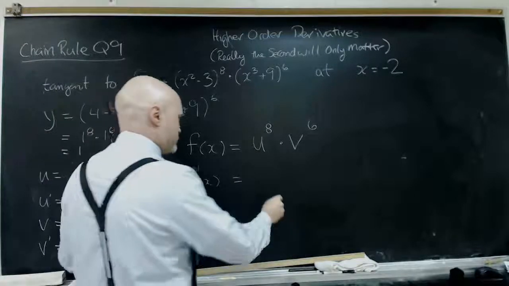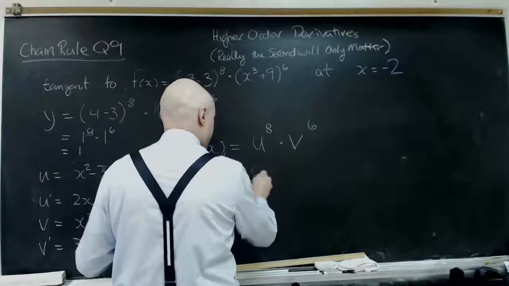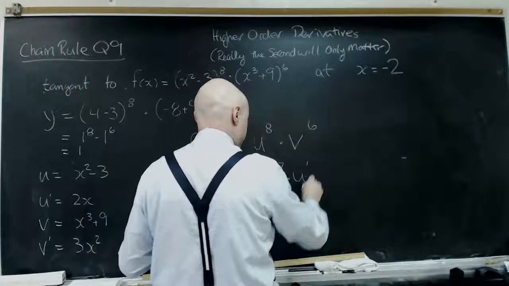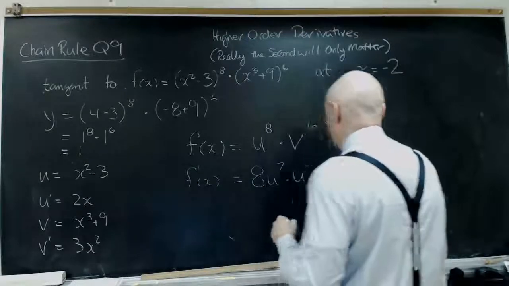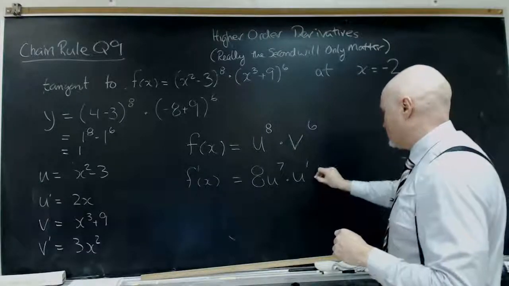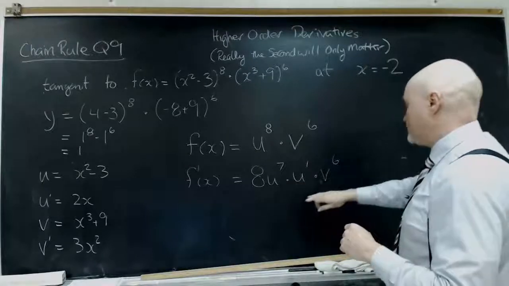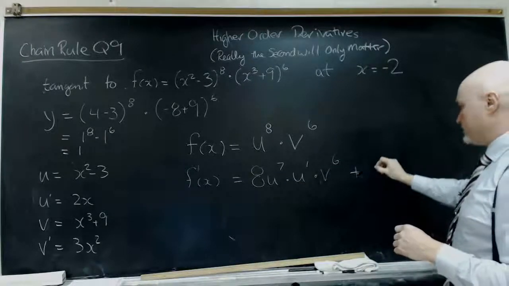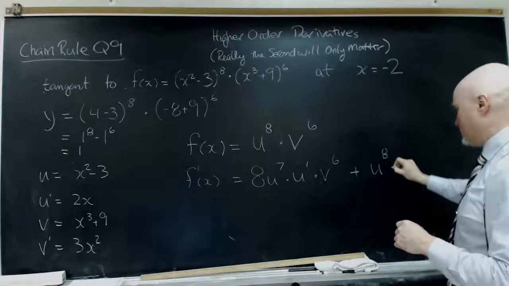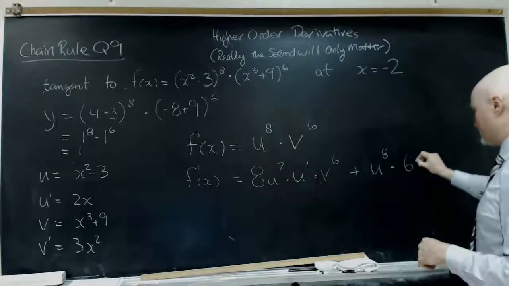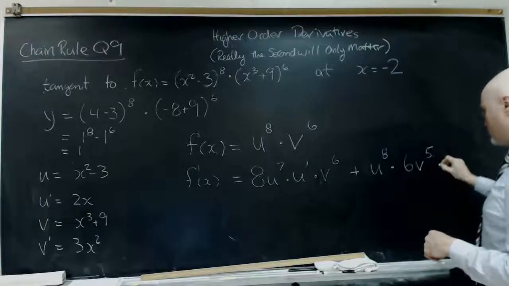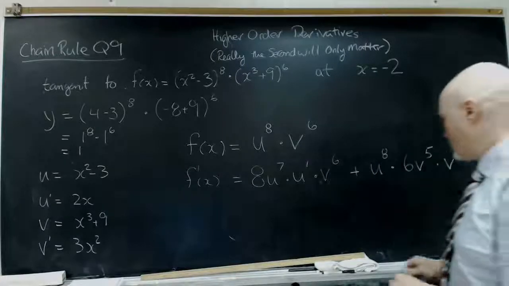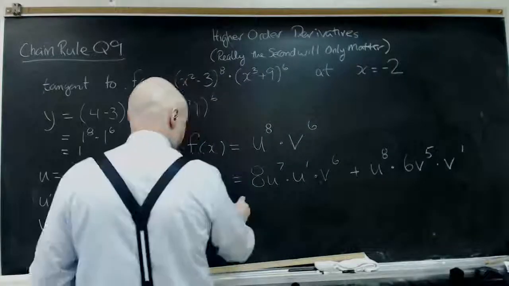So let's do derivative of the first, 8 u to the exponent 7 times u prime, times the second, plus the first, which is u to the exponent 8, times the derivative of the second, which is 6 v to the exponent 5 times v prime. Okay. I think that's okay.